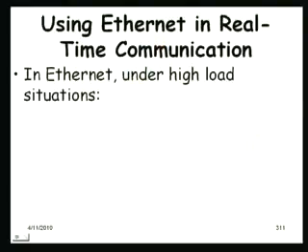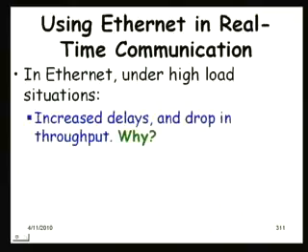But let us look at it more closely. One of the main problems is that under high load situations, we have delays and drops. The delays in the communication increase very rapidly.